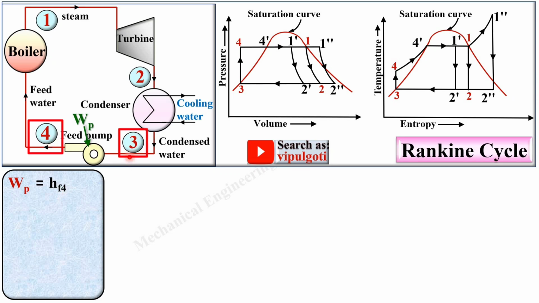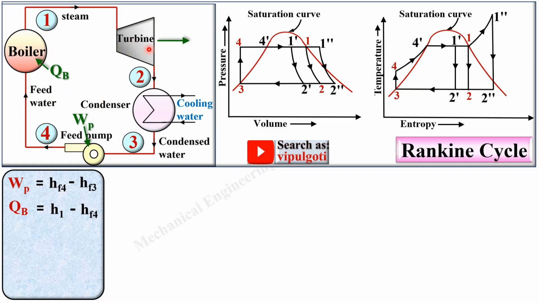And here again this is actually in the form of liquid, so it will be HF3. So F means liquid. Now here you have to give the heat supplied to the boiler, so it is QB, means heat supplied to the boiler. So I can write QB is equal to H1 minus H4. Here the phase is the steam, so H1 only, and here this phase is the water, so you can understand now it should be HF4.